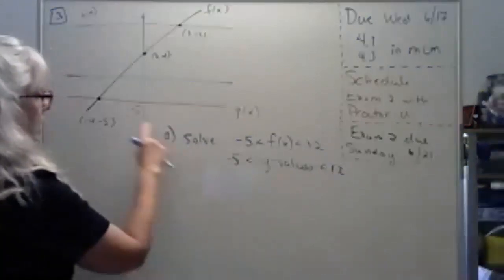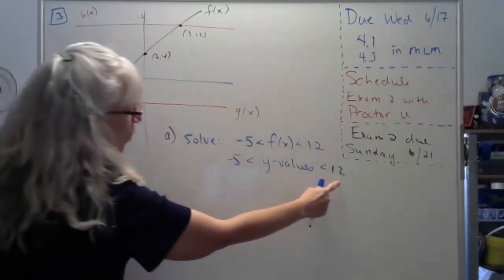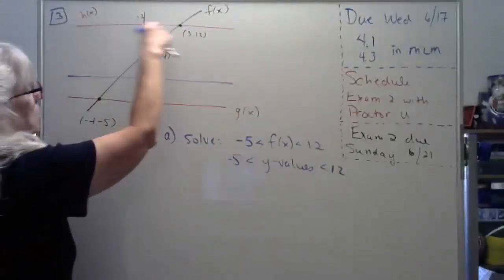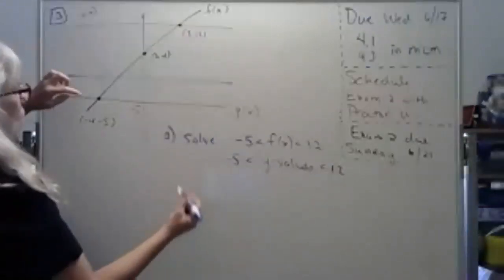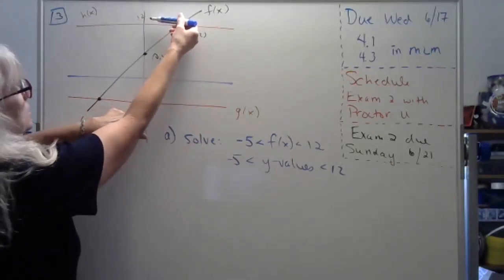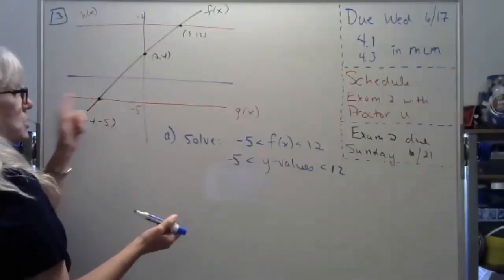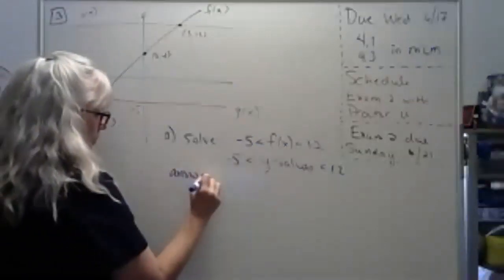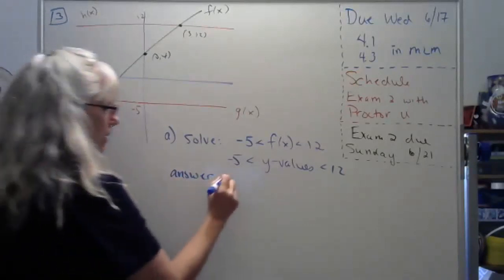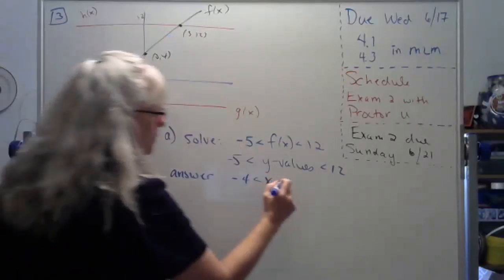Okay, well, the y value of negative 5 just happens to be the bottom horizontal line, and the y value of positive 12 is the top horizontal line. So they're asking, where is it between those two? Well, the y values are between a negative 5 and a positive 12 as we go between this point and this point. So we're going to answer in terms of the x values. So our answer is when x is between negative 4 and the positive 3.